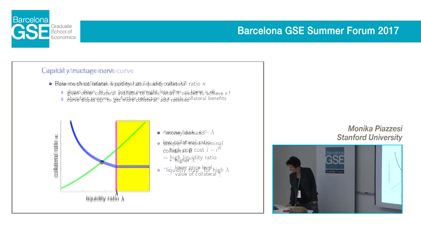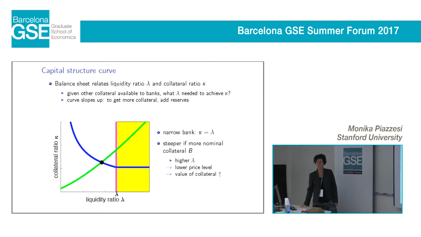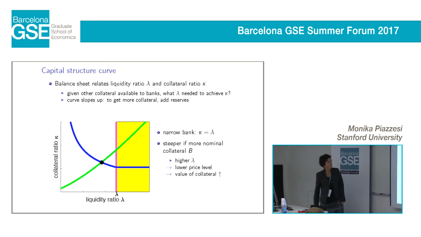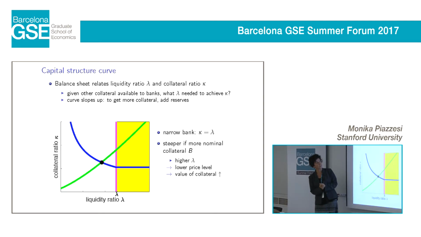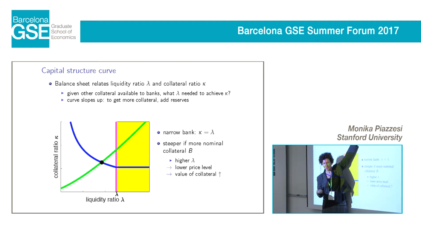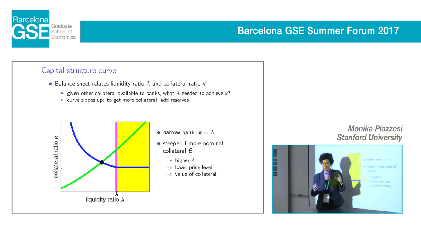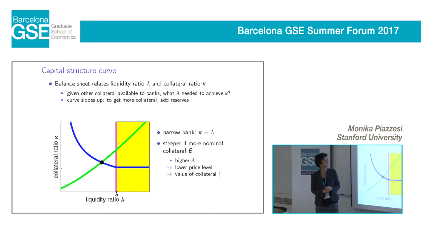And then I need another curve to cut this curve. There's going to be a balance sheet relationship between the liquidity ratio and the collateral ratio, because the liquidity ratio is reserves over deposits, which is a form of debt, and the collateral ratio is just all the assets over all the debt.